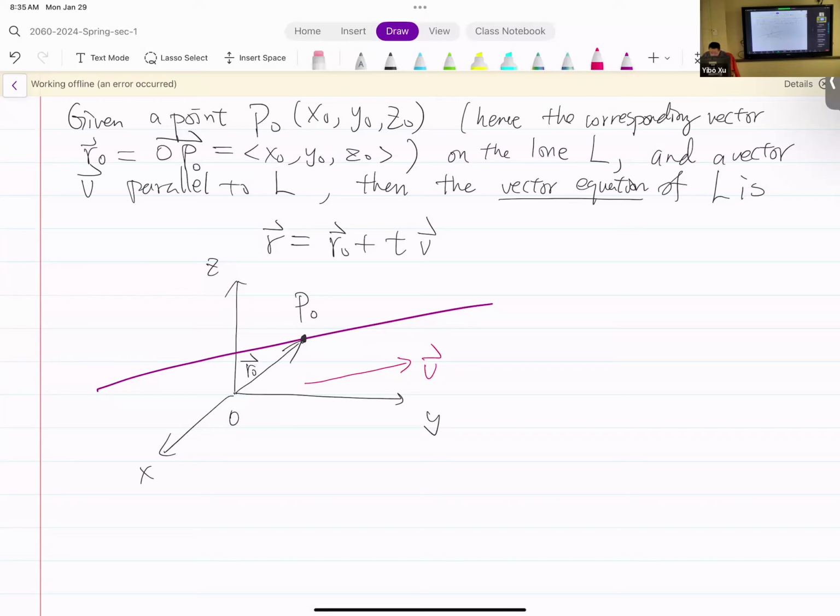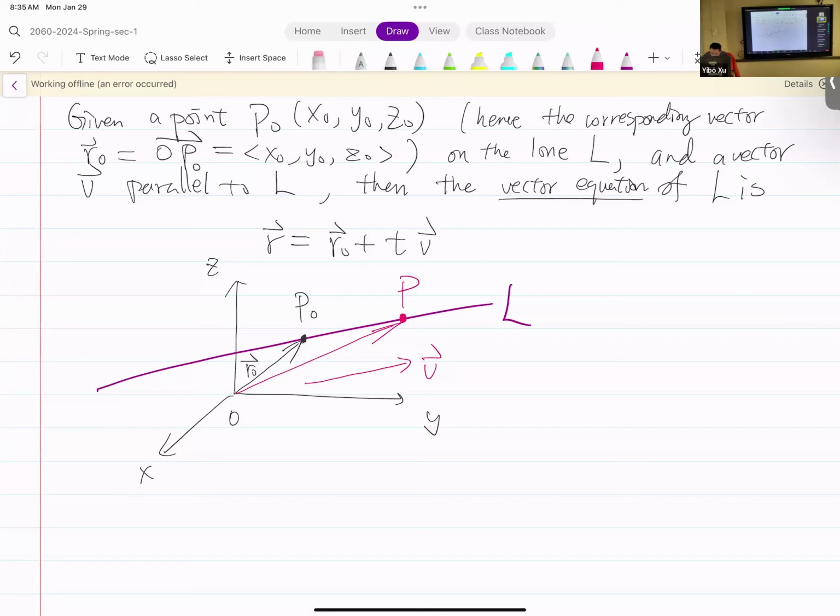If you think about expressing whatever point on the line, like right here, let's say this is P, any point on the line. Then the vector P0P is a scalar multiple of vector v.